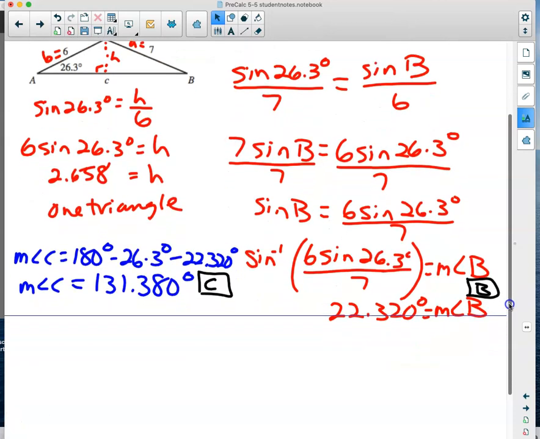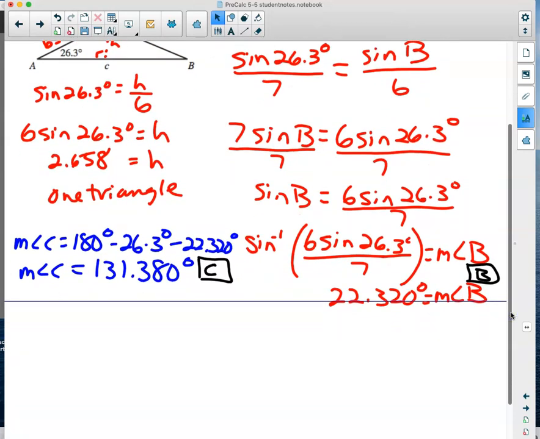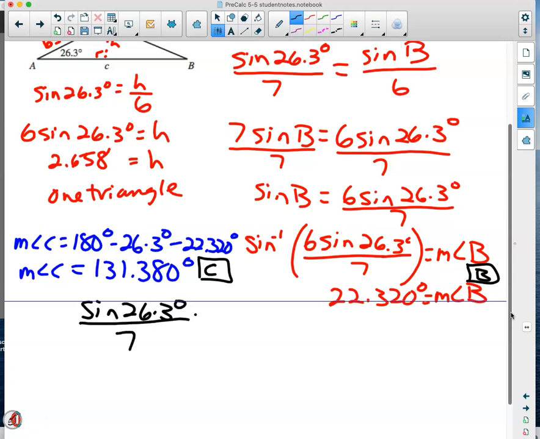And now all I need is little c. Well, I have to have a proportion again, and I'd rather stick with things the book gave me if possible. So I'm going to stick with this sine of 26.3 that they started me off with over 7. But here's where we realize, yeah, we're going to have to use that c value that we found.